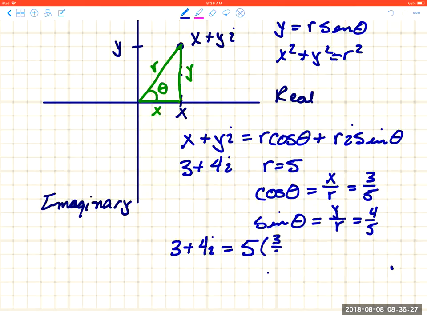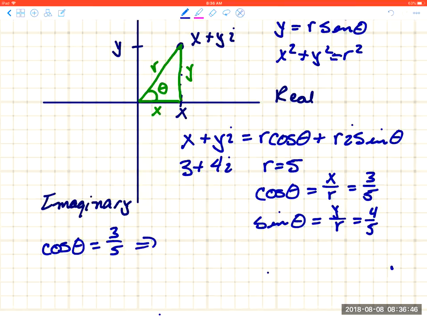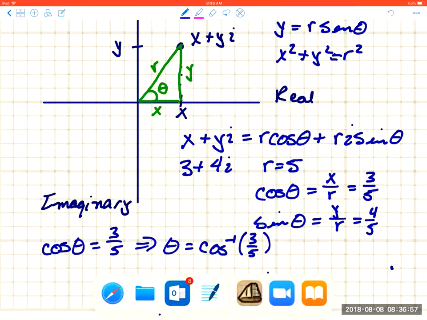All right, so this one's a little funky. Never mind. Sorry. We do need theta. I always forget I actually have to do this work. Okay, so if I know cosine theta is 3/5, that means that theta is the inverse cosine of 3/5. So we're going to work in radians.